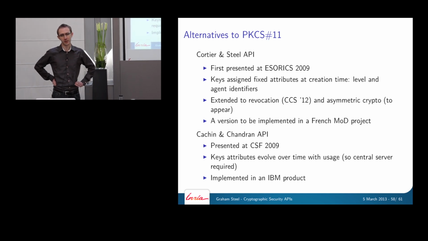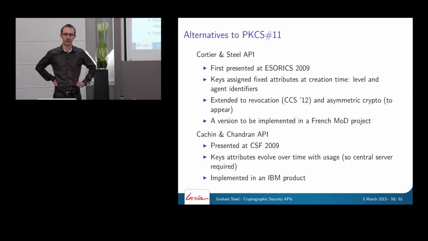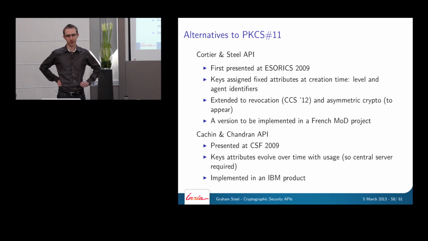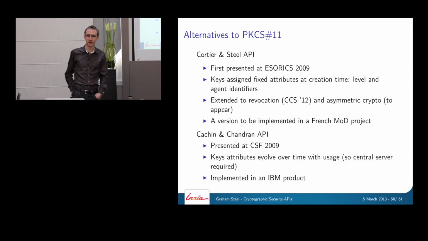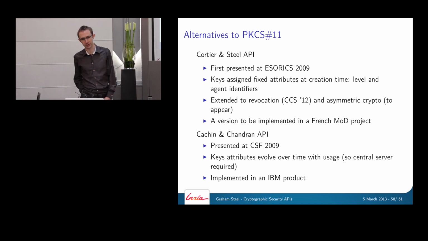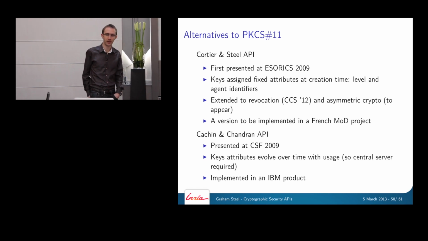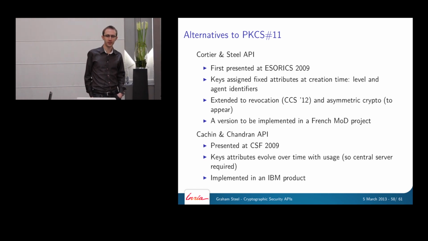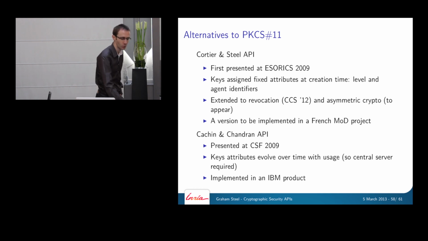So with a collaborator, I presented an API at ESORICS, designed with some security proofs, where you have certain features such as you have to fix the attributes at creation time. You're not allowed to switch attributes later on. And we have an interesting way of assigning attributes where you say what is the level of this key in a hierarchy, and you say which other agent identifiers should be allowed to have access to this key.